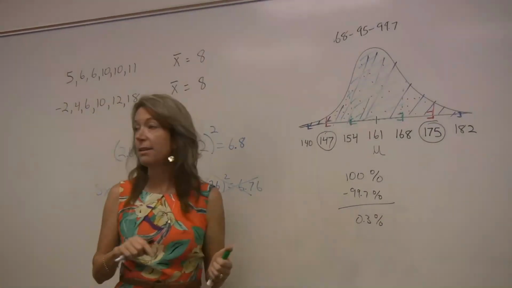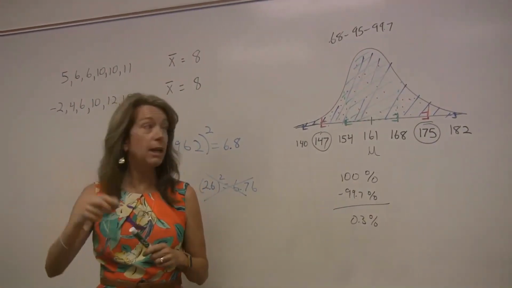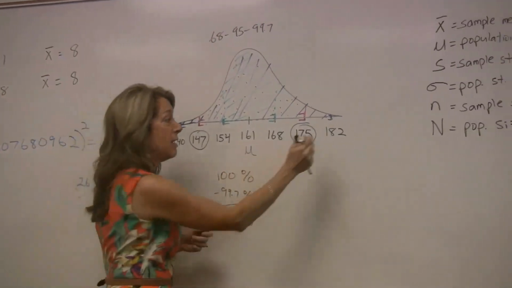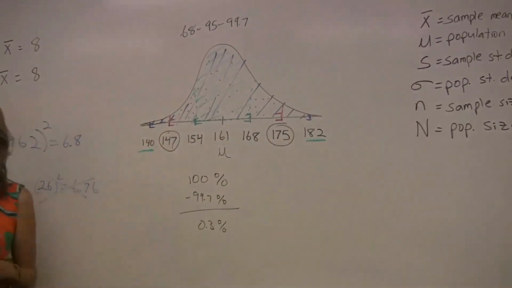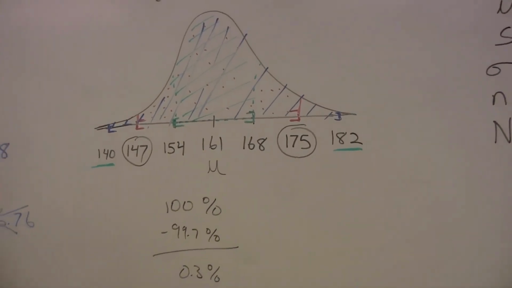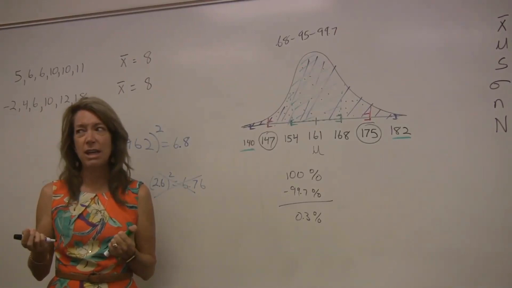How'd she get that? That's 3 standard deviations. Thank you. That's 3 standard deviations away. 1, 2, this is 3 standard deviations away, and 1, 2, this is 3 standard deviations away, and that's the 99.7 part of the rule. That's not too bad. Question C is kind of tricky though.